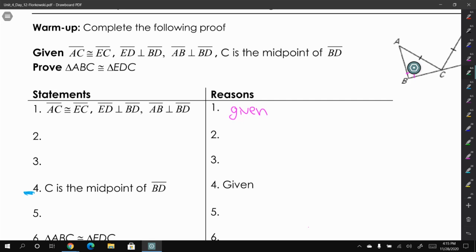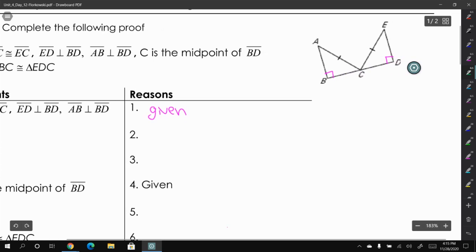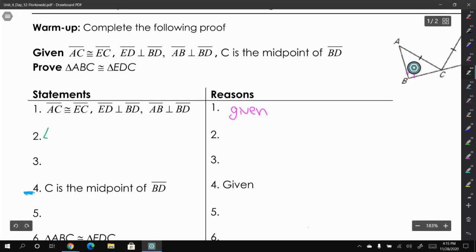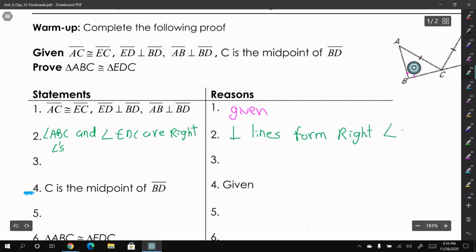If ED and BD are perpendicular and AB and BD are perpendicular, that means we have some right angles. So in our picture, we have angle ABC and angle EDC as right angles because we had perpendicular lines. So our next statement is angle ABC and angle EDC are right angles, and it's because perpendicular lines form right angles.